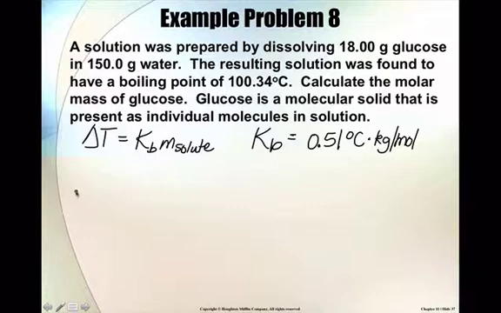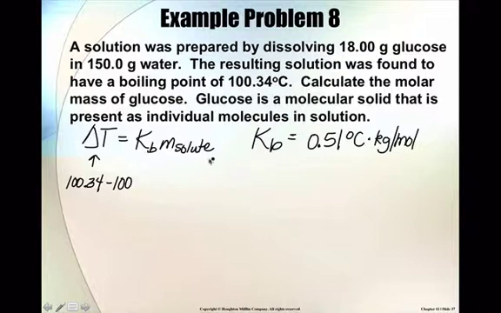So there we go. Let's see, what else do we have? They gave us enough information so we can calculate delta T. We know for water, and it also tells us in that same table, the normal boiling point for water is 100 degrees Celsius. But they told us that this solution boils at 100.34 degrees Celsius, so we would just subtract those two to find delta T. We know Kb.